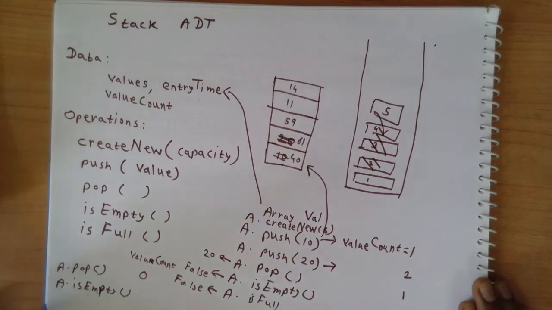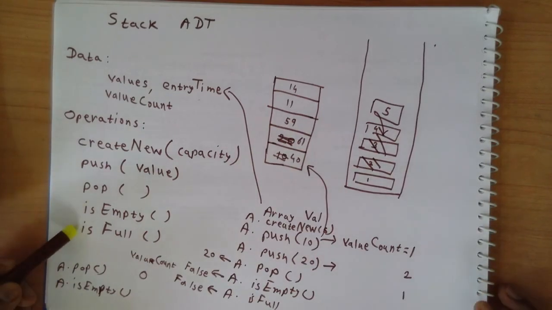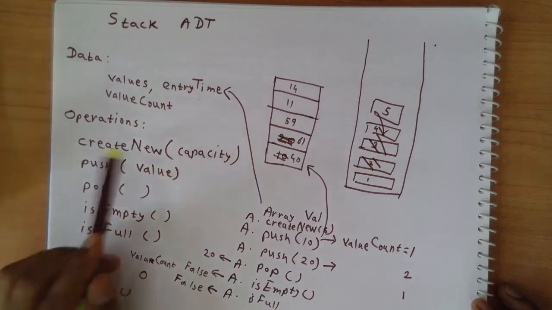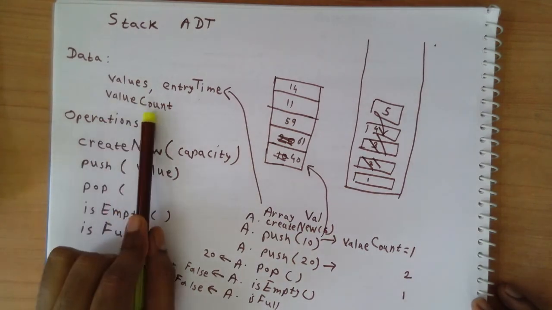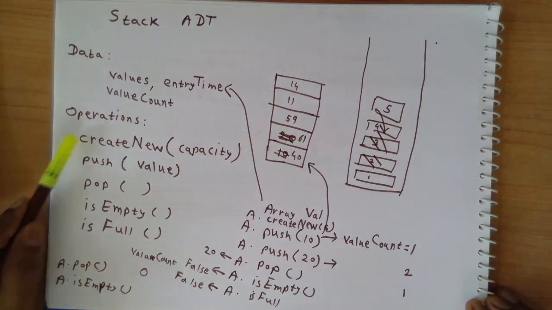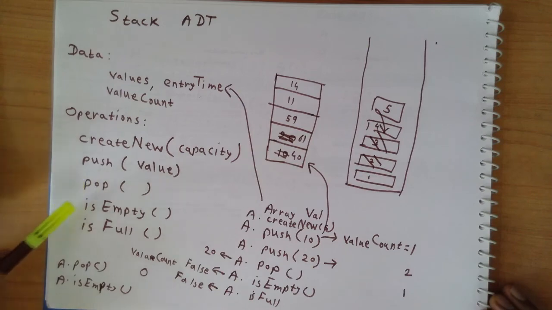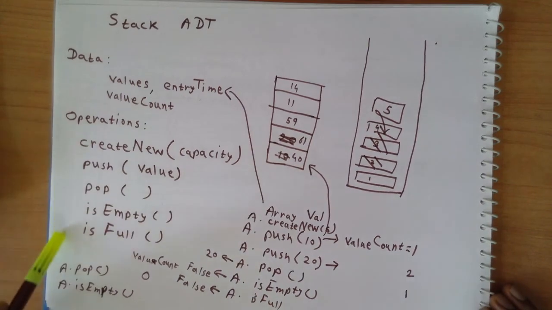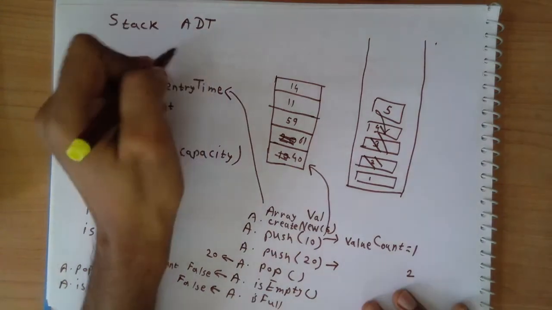Okay, so again is empty and is full operations are going to require only constant amount of time, because all we need to do is check a particular variable's value. Okay, so create new operation is constant amount of time, push constant, pop constant amount of time, is empty, is full. So all the operations on stack work in theta 1 time complexity.